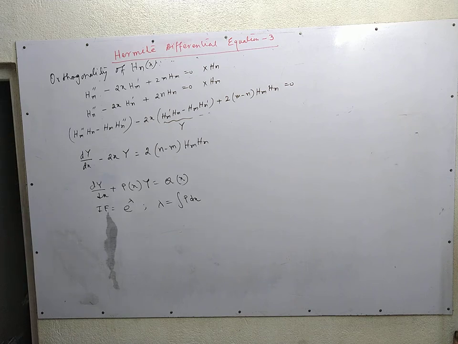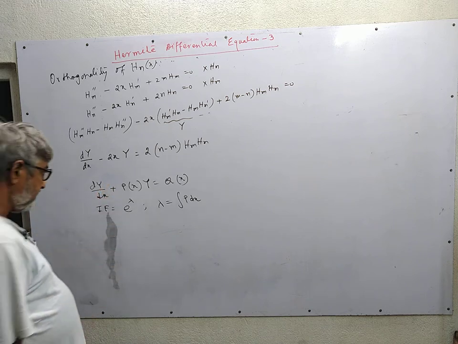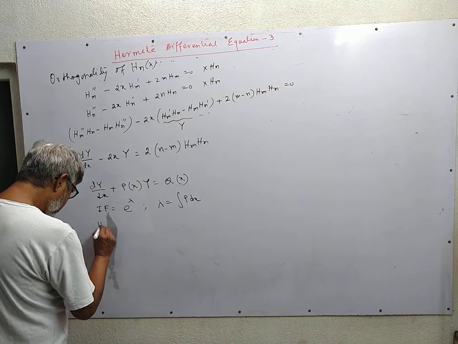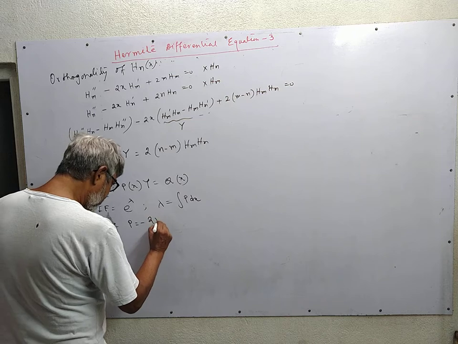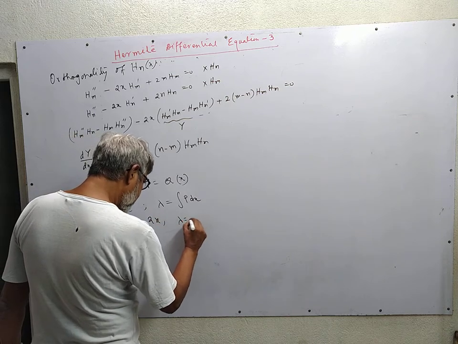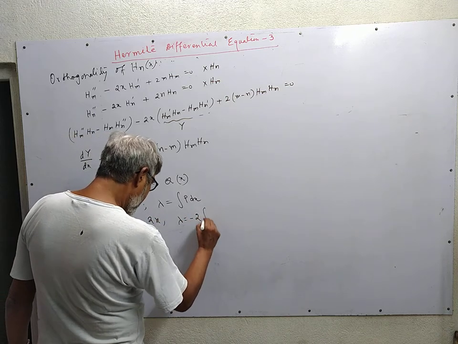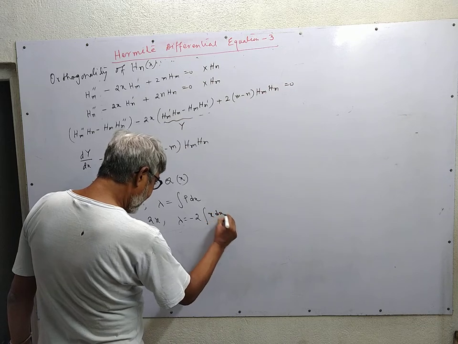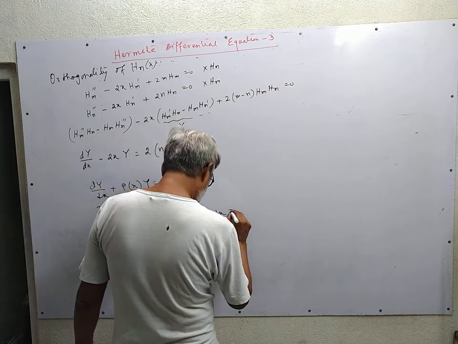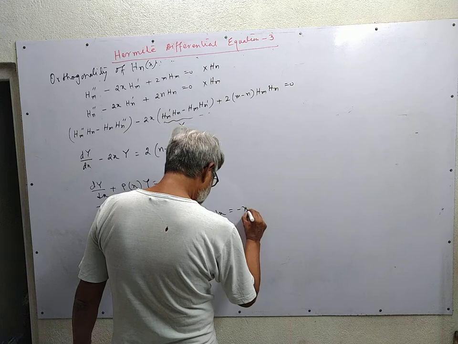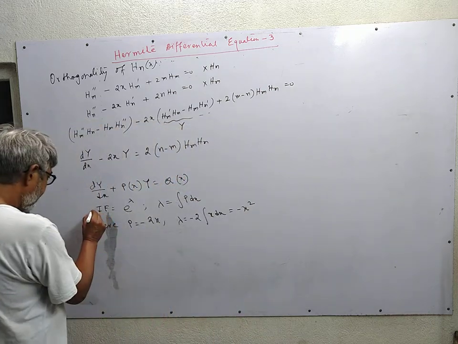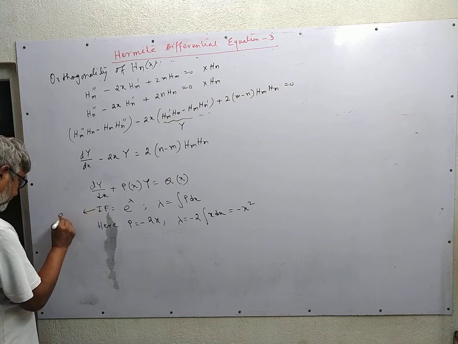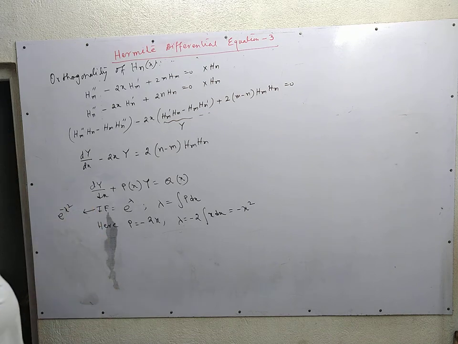Here p is equal to minus 2x, so lambda is the integral of minus 2x dx, which is equal to minus x square. So the integrating factor is equal to e to the power minus x square.